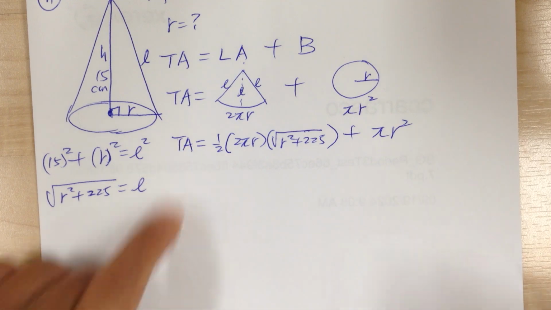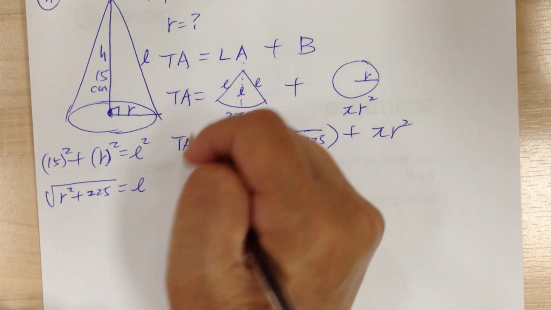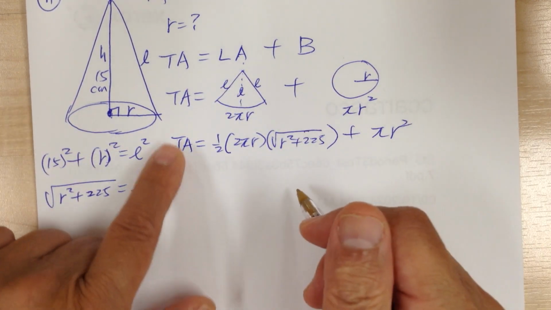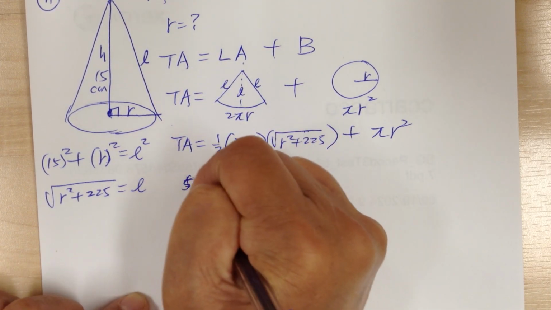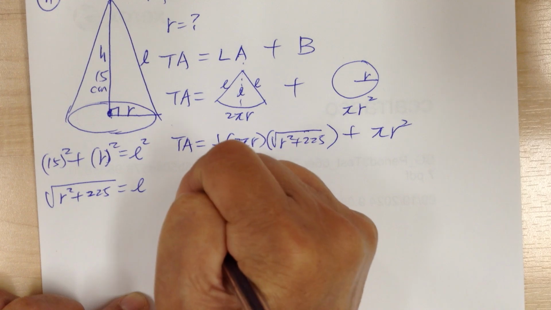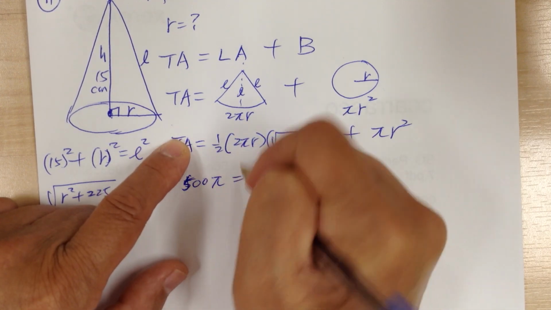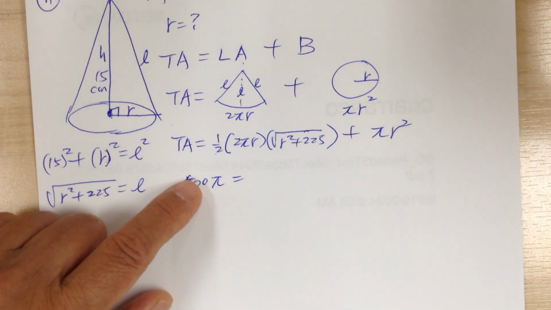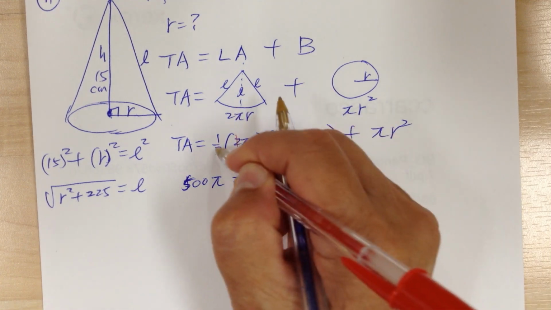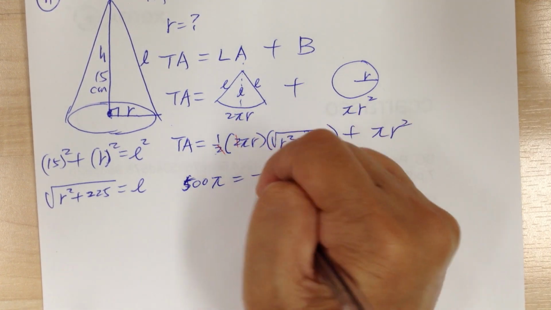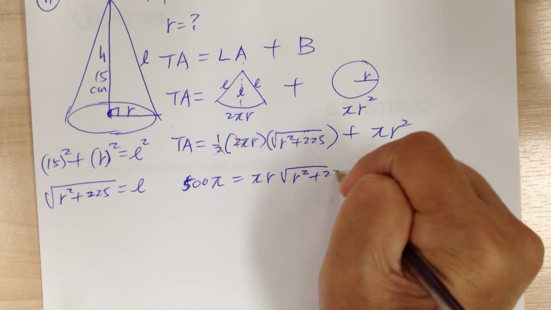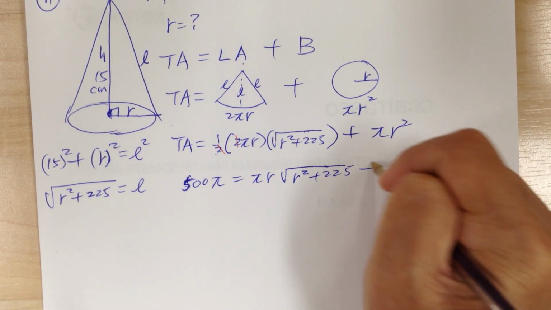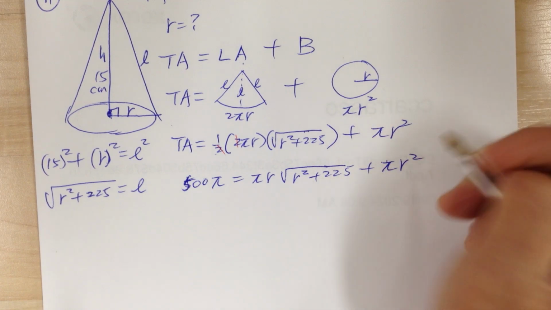We forgot to substitute the surface area, which is 500 pi. Now the 2's will cancel out. So we get pi r times the square root of r squared plus 225, plus pi r squared.